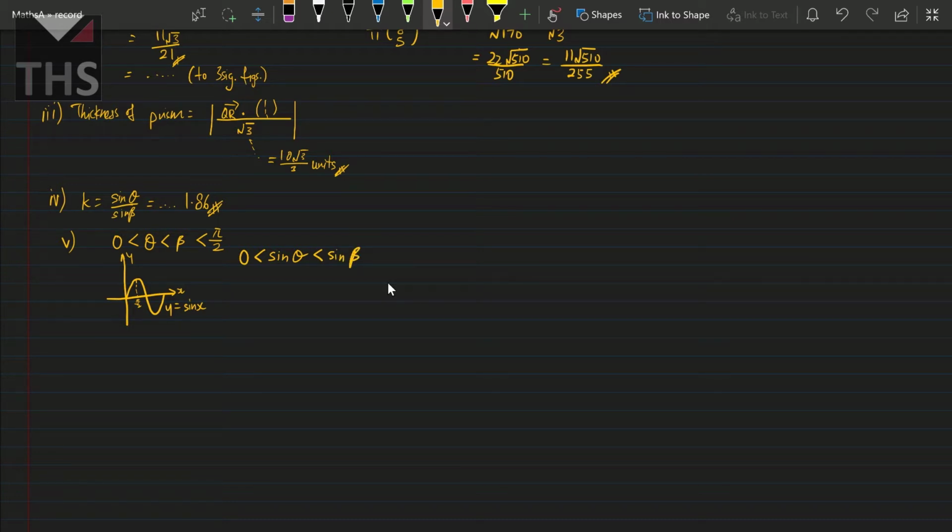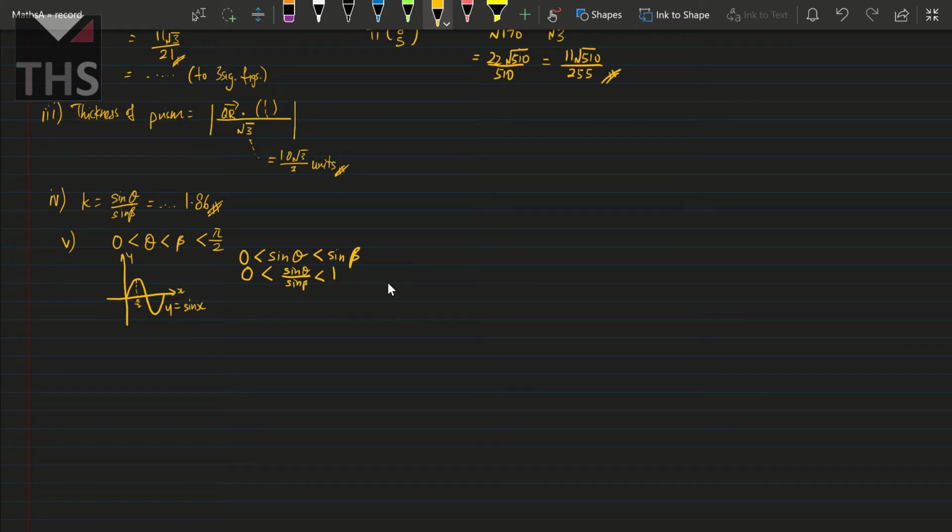So then, what can be said about k, the refractive index? Let's divide everybody by sine beta. Because at the end of the day, k is sine theta over sine beta. So we need to get something that has sine theta over sine beta.